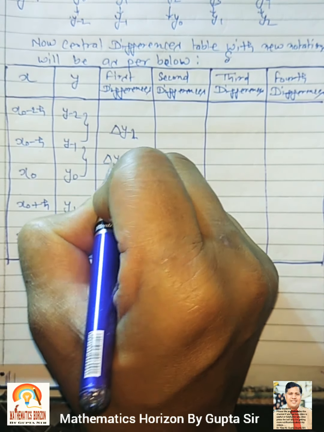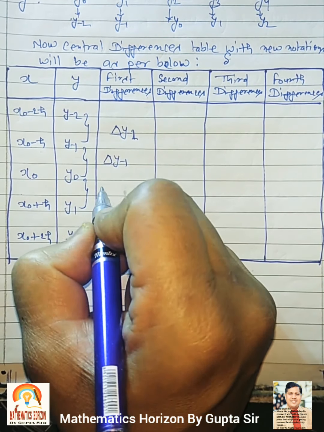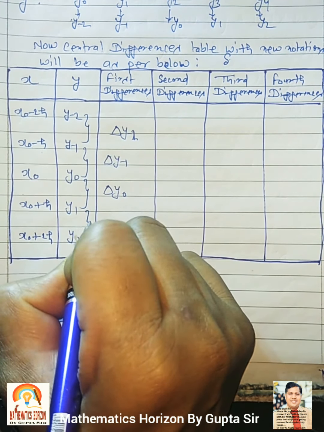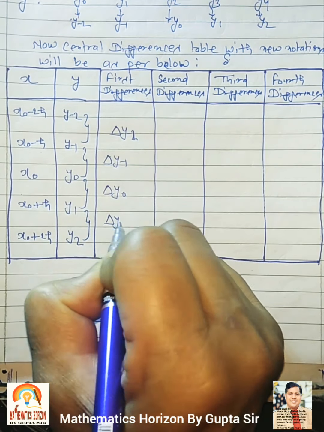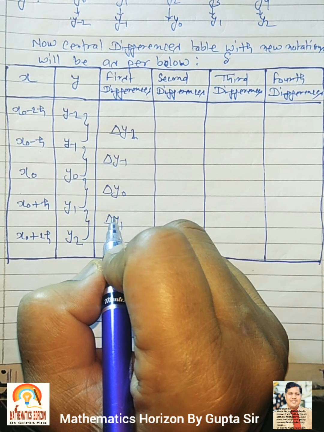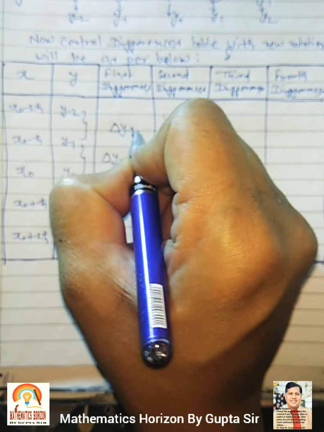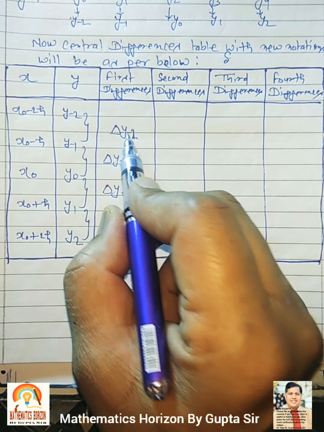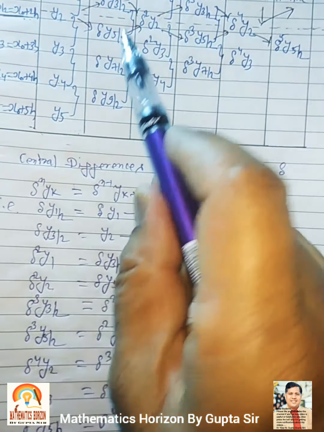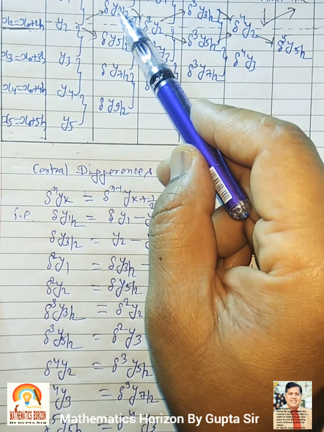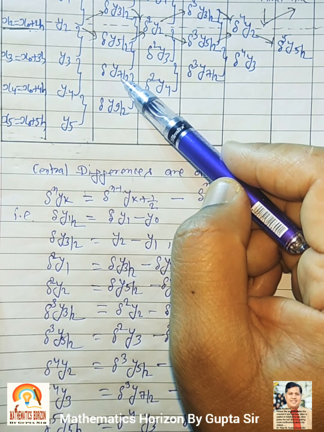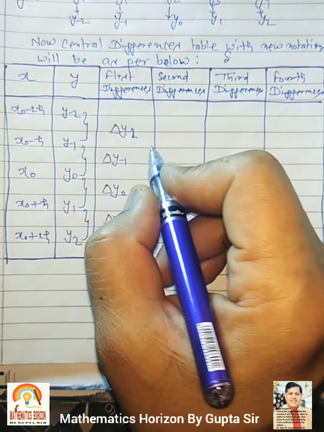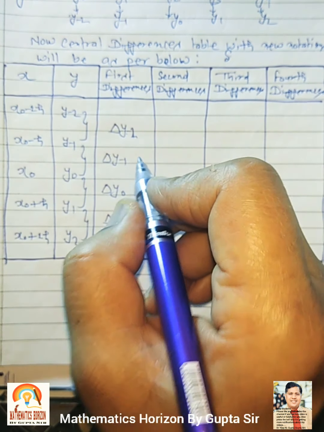This is called del y minus 1 by 2, and the difference of these two is del y 1 by 2, and then del y 3 by 2. These are the differences of first order.